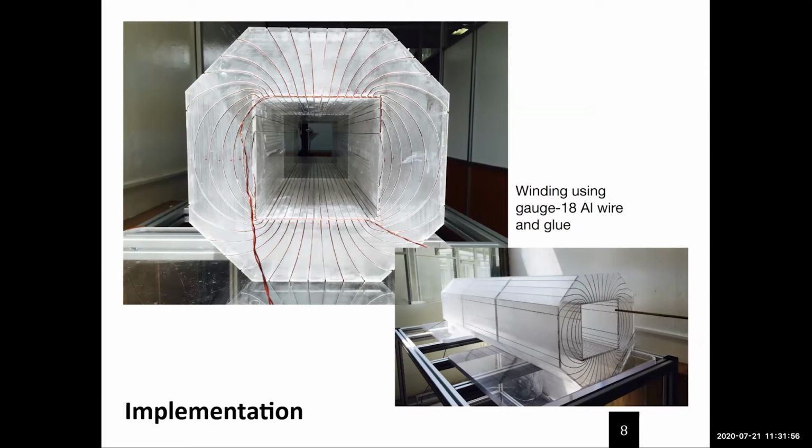But for future coils we are now thinking of making grooves that have the appropriate size so that we can apply some pressure to push the wires inside, and then we won't need to use any glue. They will be mechanically attached to the walls of the coil.